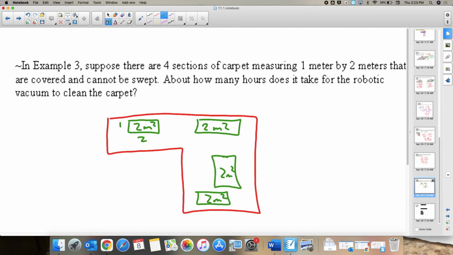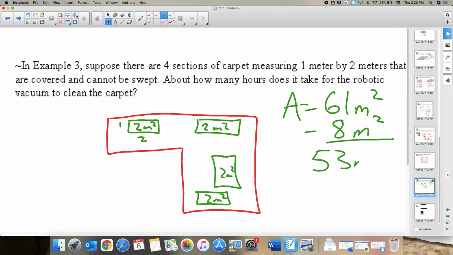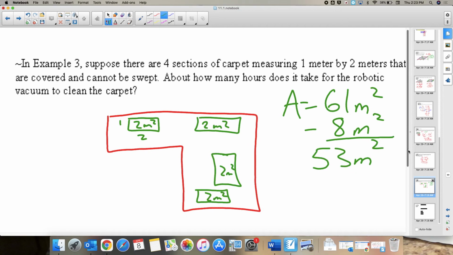About how many hours does it take for the robotic vacuum cleaner to clean our carpet? Well, we started off saying our area had 61 square meters to it. Well, now I have 2, 4, 6, 8 square meters that are covered and will not be swept. That means I have 53 square meters that are left.